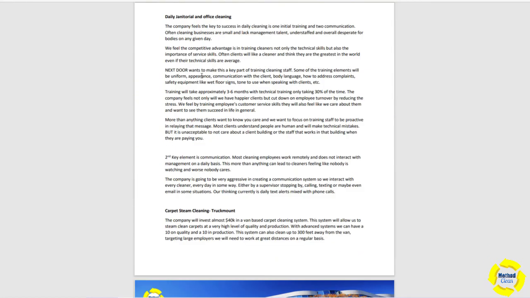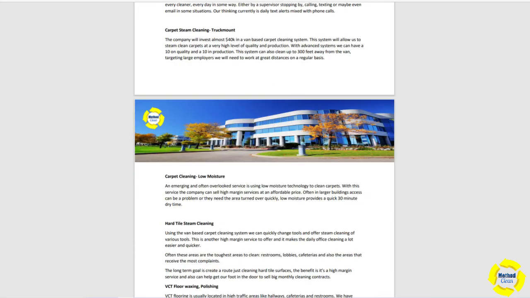From here, we can get more into detail of each of these services. Daily janitorial, carpet steam cleaning, or do you plan on getting a truck mount? If you do, they're expensive, so that's something to think about ahead of time: how am I going to pay for it? They can go for anywhere from 30 to 50 to 70 grand.